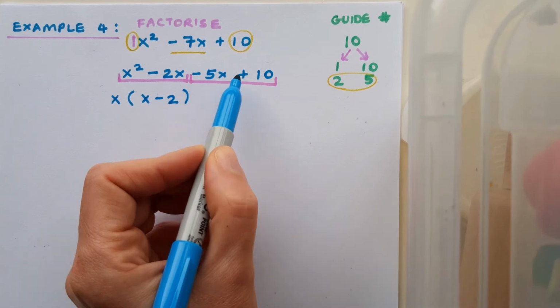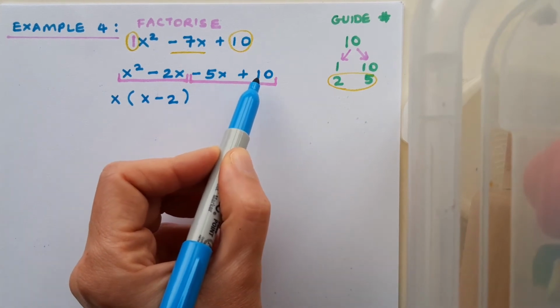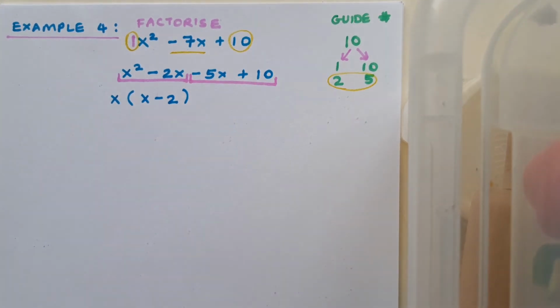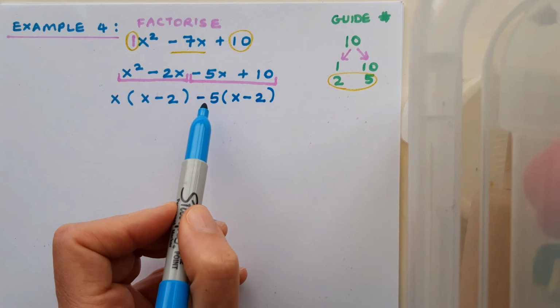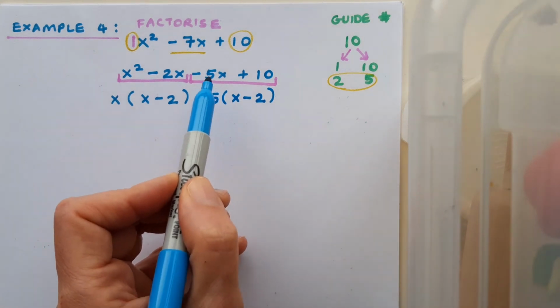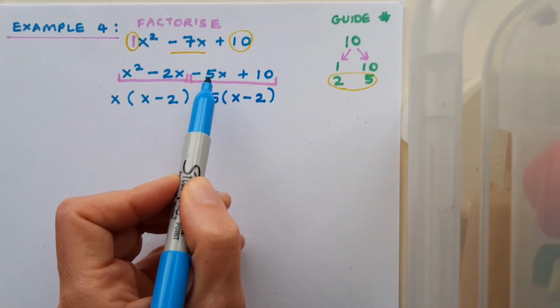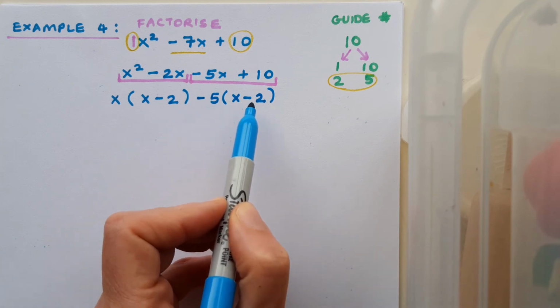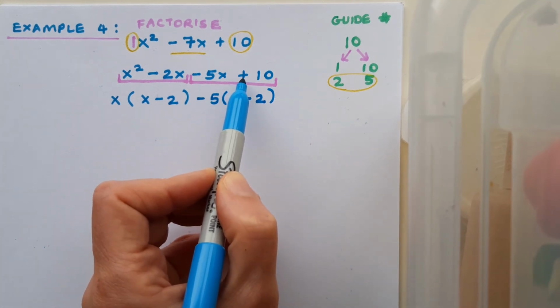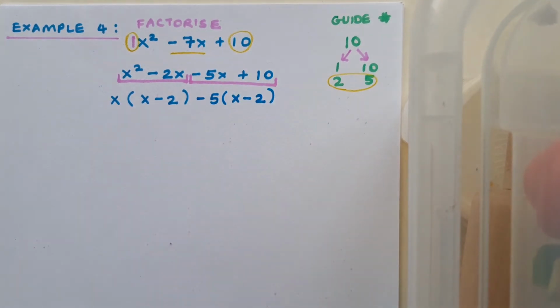So what do I think I should factorise out of these two terms to get that result? I should factorise out minus 5. And just note that minus 5 by x is the minus 5x on the previous line. And minus 5 times minus 2 is this plus 10 that I have on the previous line.